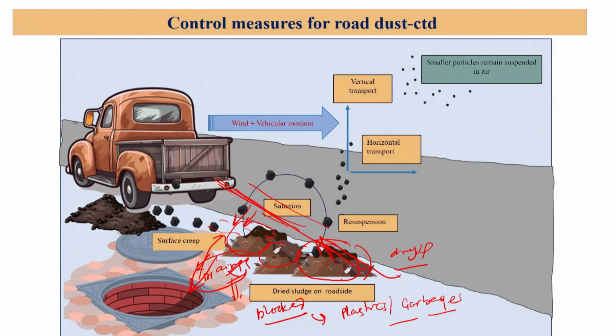These aerosols will then contribute to pollution, and this is the reason that on the road sides and on the dividers, close to the divider sides on the roads, you see a huge amount of dust deposited.